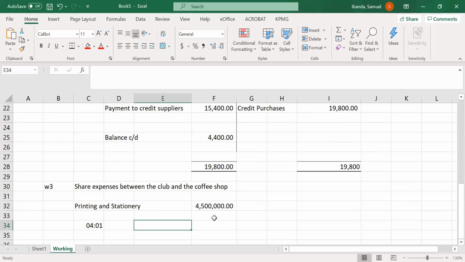So what you first do here is get the total ratio. So total ratio is equal to 4 plus 1, which is equal to 5.